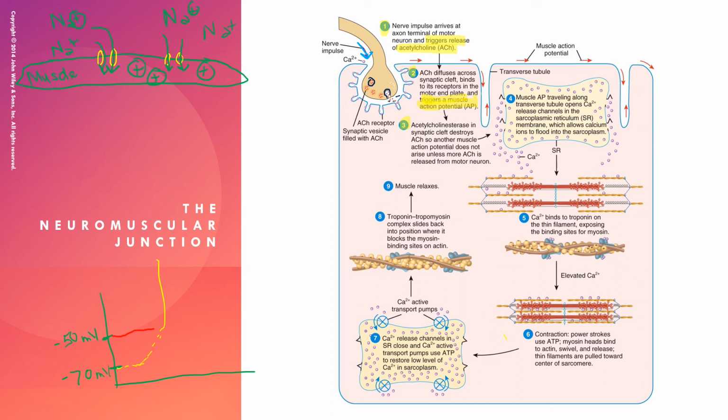So at step 3 here, we have that production of a muscle action potential because we have that inflow of sodium down its electrochemical gradient, and it makes the inside of the muscle more positively charged, and that change in the muscle potential. Potential is another way of saying a voltage potential. It triggers a muscle action potential.